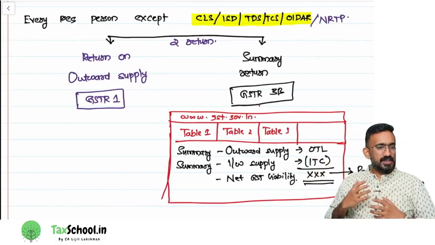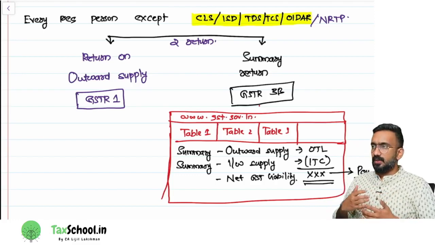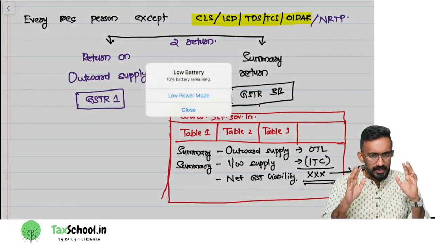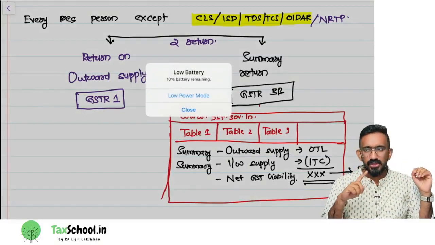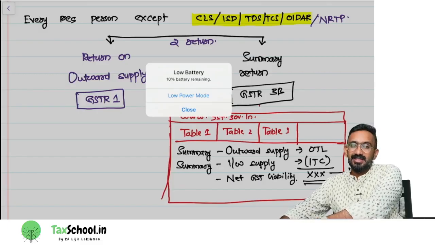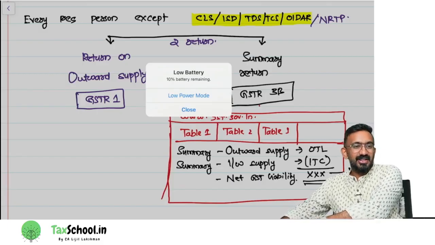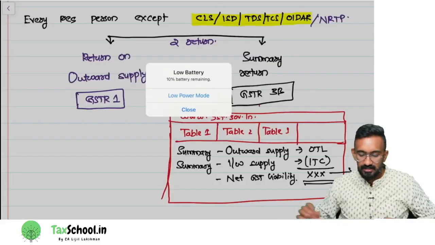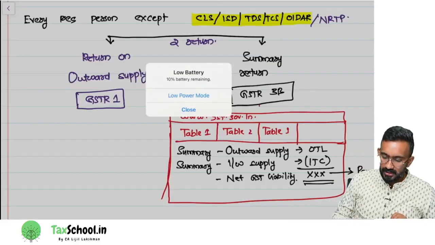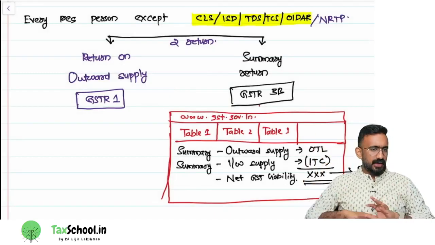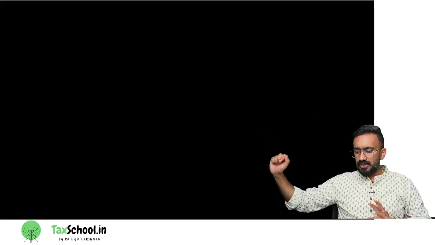To understand what GSTR 1, 2B and IFF are and all that, if you are good at your return structure, then you will understand this quickly. If you have gone for a diminishing marginal utility curve, then you will have a slight problem in understanding this, because this return comes as the last chapter. So a lot of us do not generally look at this chapter with all the required focus. So I will give you a quick recap. Okay, carefully listen. I'm also trying to cover something on procedure with this.